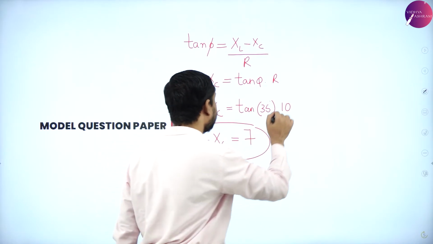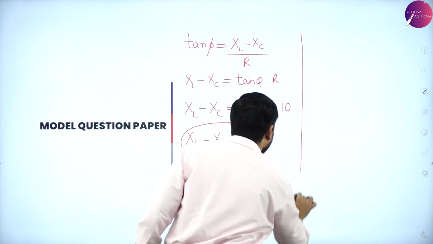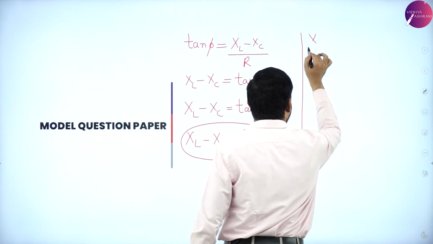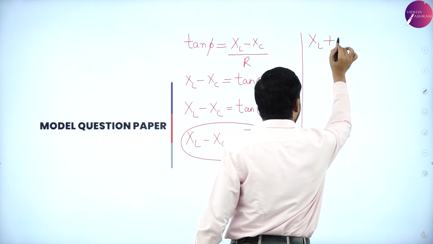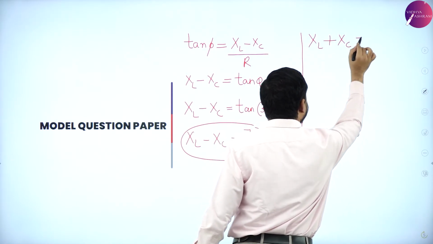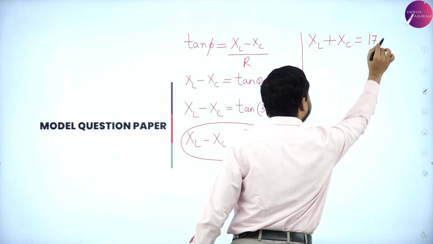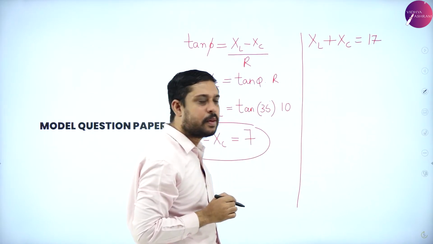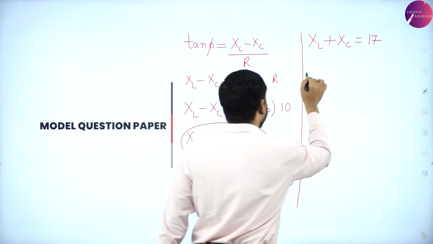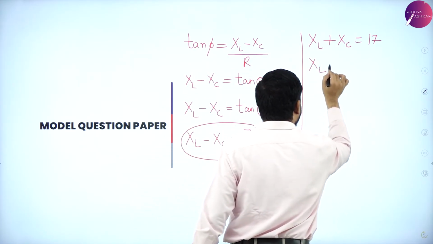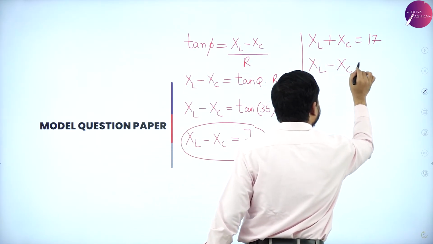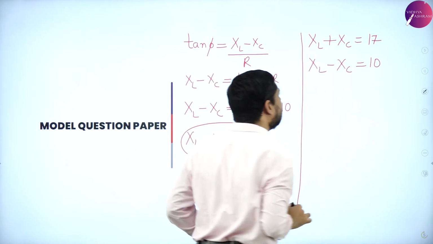Now, it is given that XL plus XC is 17. I know XL minus XC is 7.